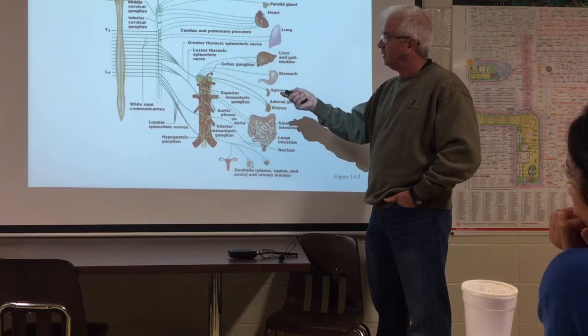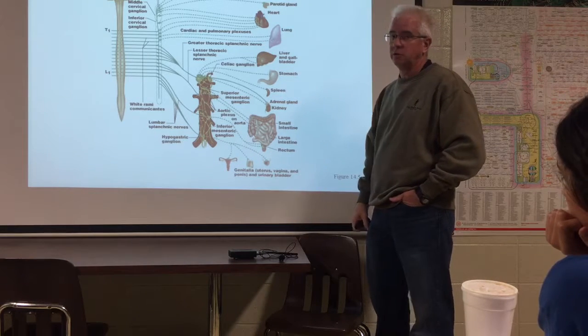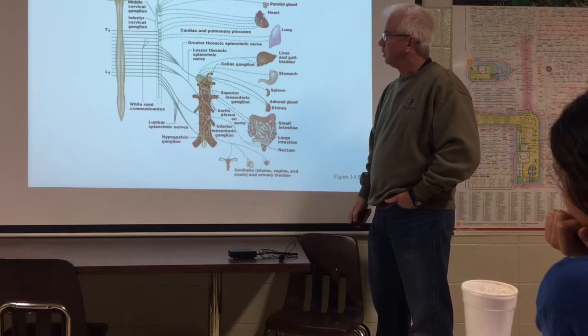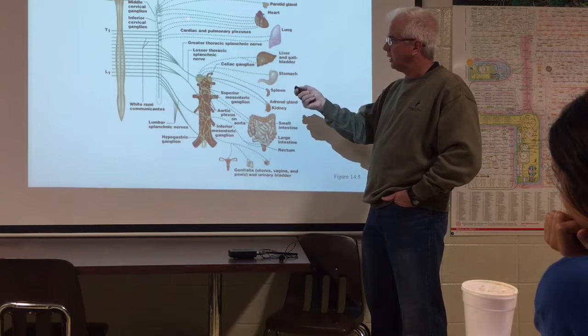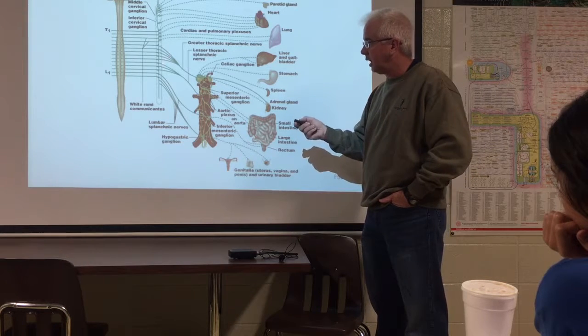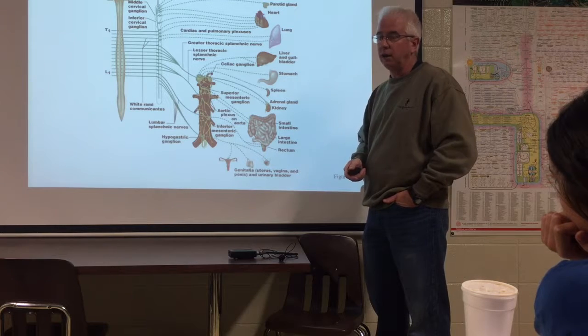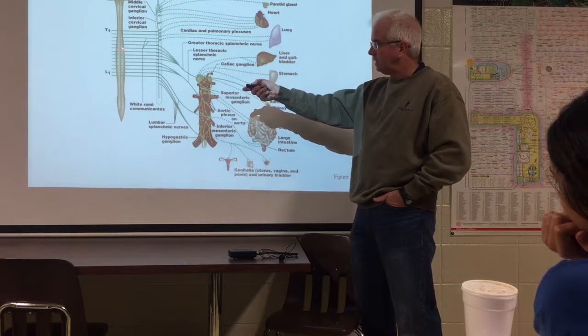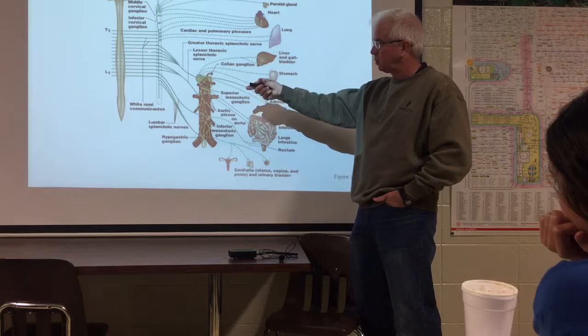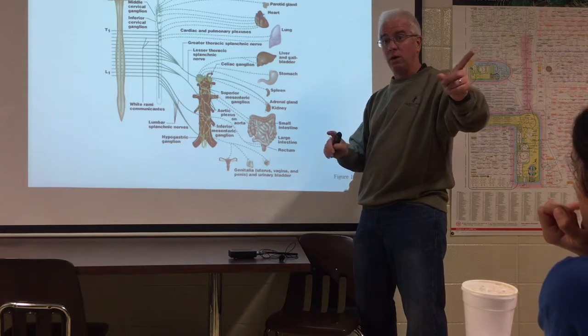You can see these dotted lines coming up here supplying thoracic structures and structures of the head and neck. So this really serves as our model when we teach sympathetics, because a lot of the stuff in the gut is controlled by ganglia that are not in the chain. So in this case, the projection comes off the spinal cord, passes through the ganglia, and doesn't stop. The axon just keeps on going.